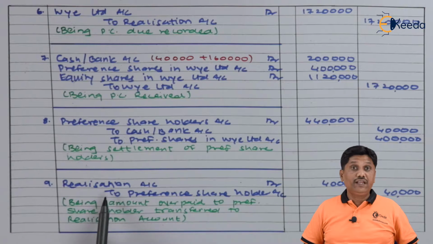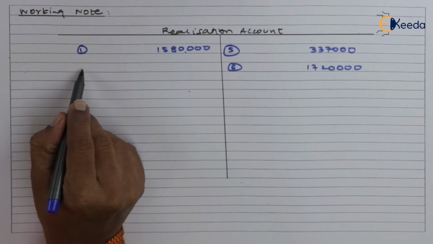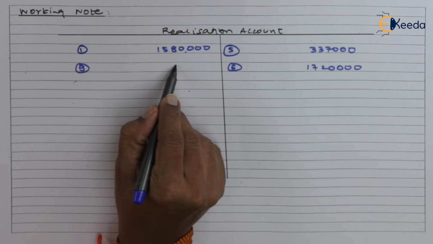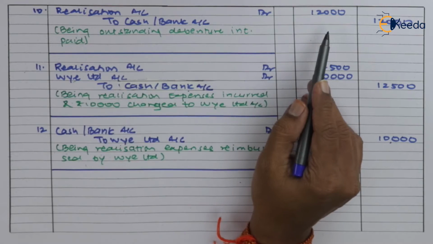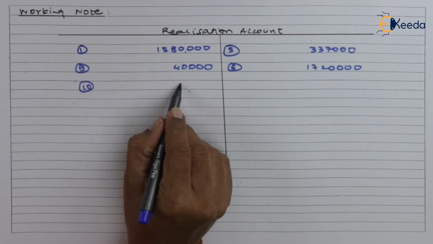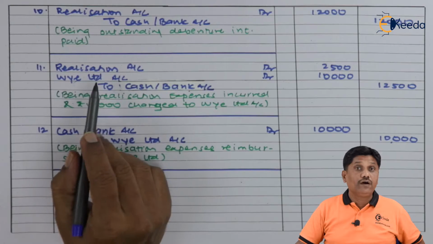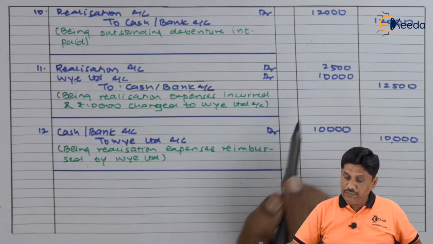Entry number 9, realization account is debited with rupees 40,000. Entry number 10, realization account is debited with rupees 12,000. Entry number 11, realization account is debited with rupees 2,500, so I am debiting.